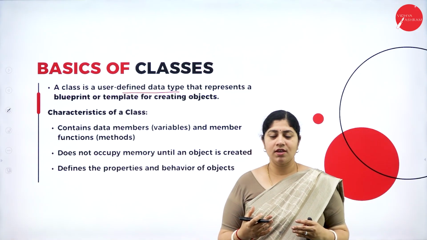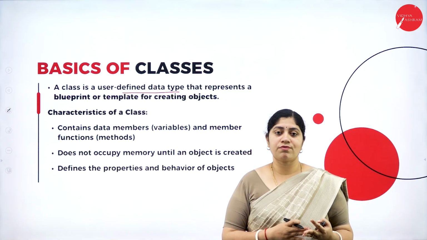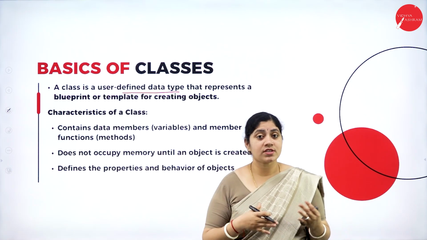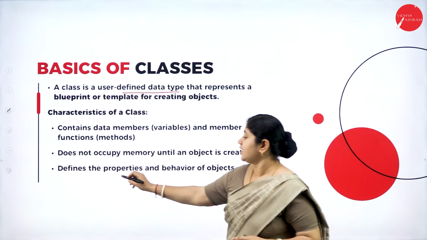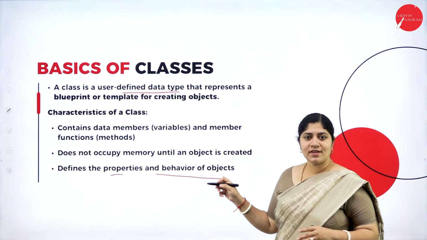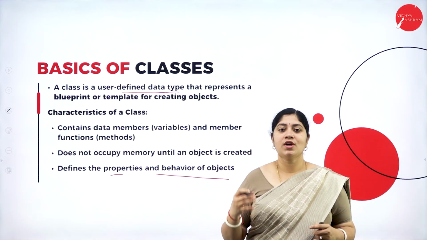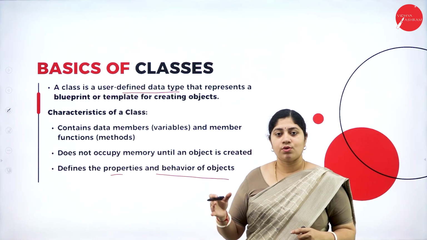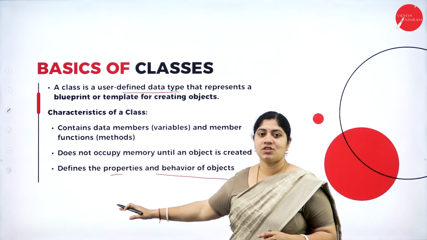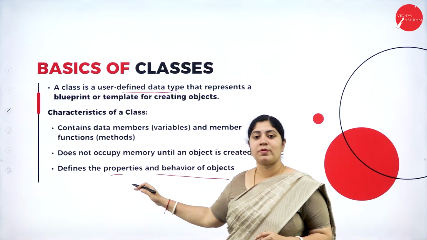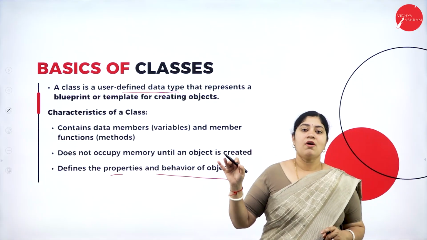Then the main thing is it is used to define the properties as well as the behavior of the objects. Won't you think? Yes, correct, because it forms a blueprint or a template to create an object. So we can say that a class defines the properties or the behavior of an object.